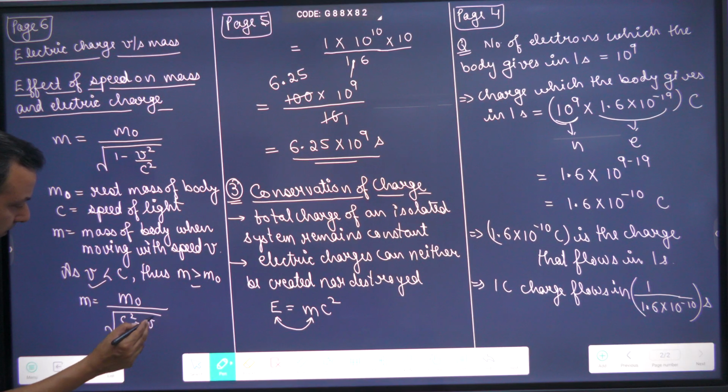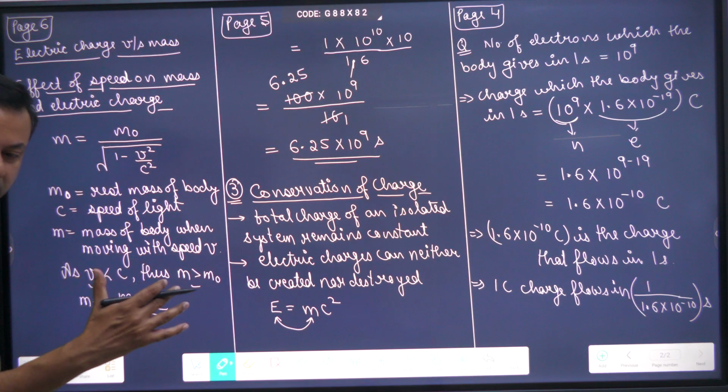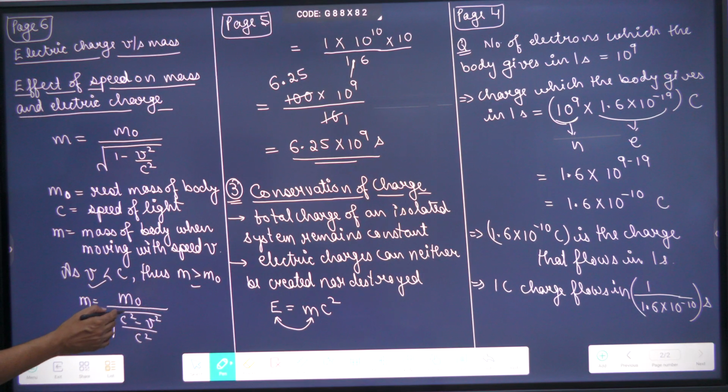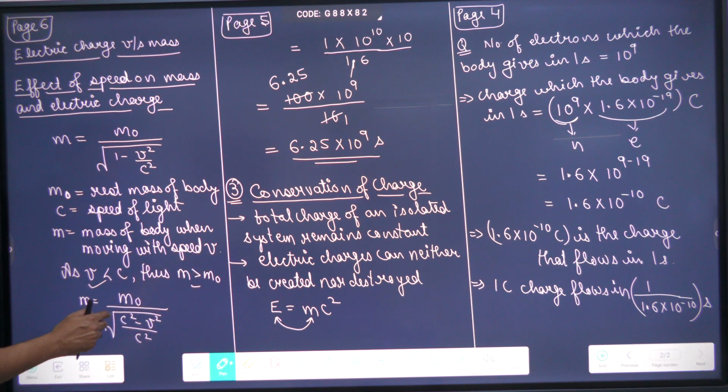So c square minus v square upon c square. Speed of light is a very huge quantity, and the square of that is again a very huge quantity. So if we subtract anything from the c square, then obviously this will be a positive quantity.